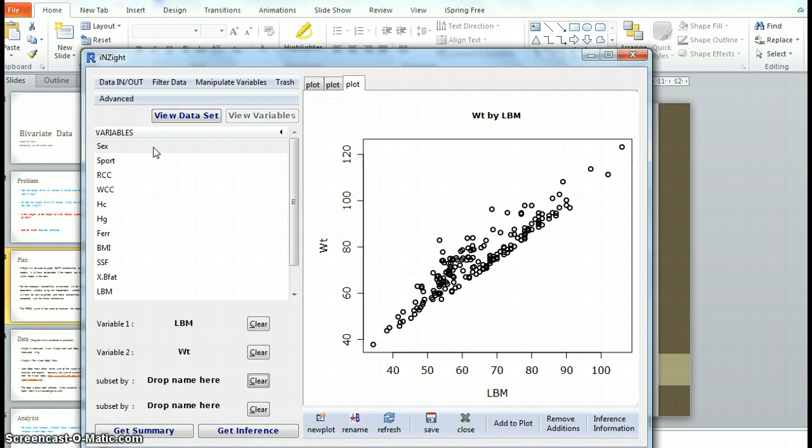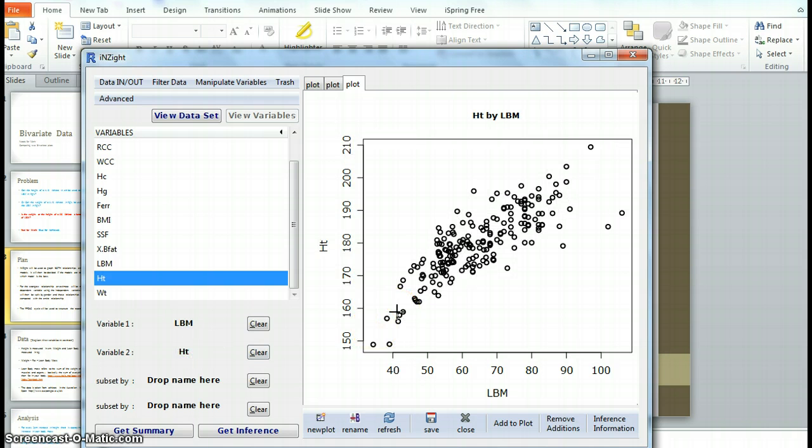I'd plot that graph and dump it onto a Word document. I'd then plot the other graph of LBM versus height, and notice that I've chosen a variable where straight away I can see this one's going to be a weaker correlation. So I'm using exam technique here, because I'm not choosing things that are very similar, I'm choosing things that are quite different, so I can make vast comparisons.